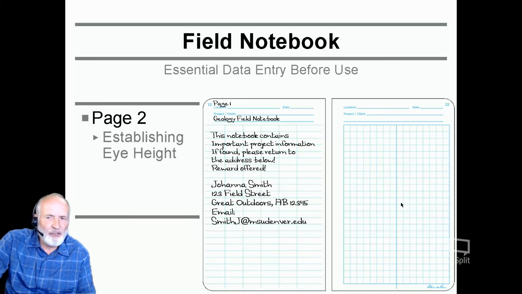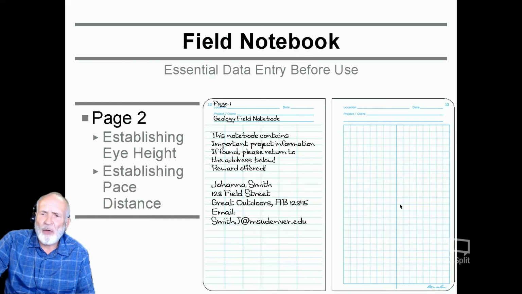Your body is literally a meter stick, a scale of sorts, and you need to establish these measurement parameters. So one of them is your eye height, which seems interesting, and the other one is called your pace distance. So you won't forget, those entries should be in the front of your notebook, in the first pages.